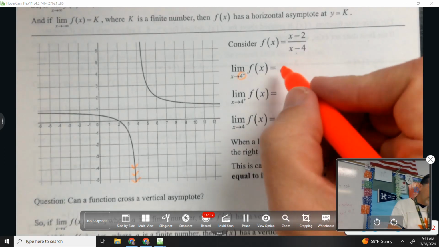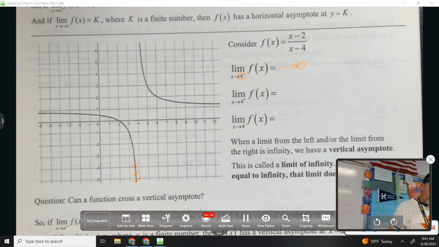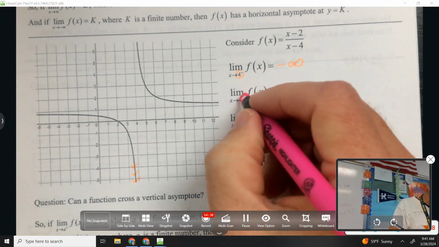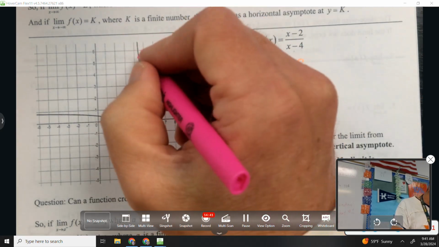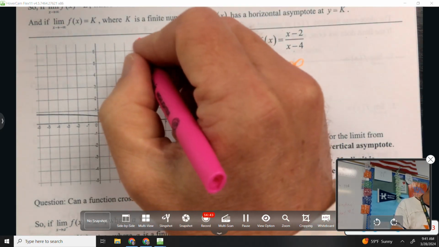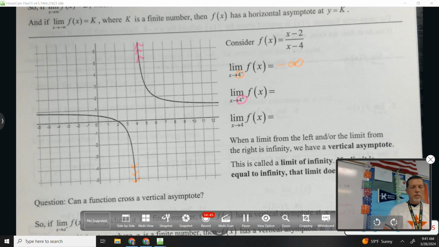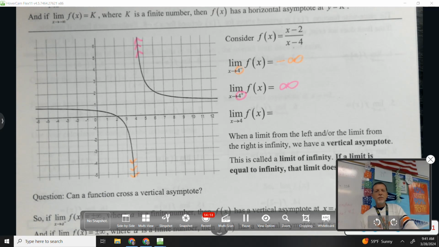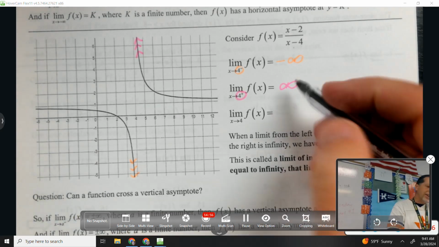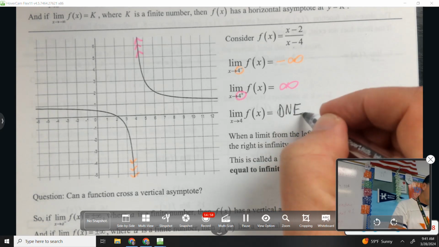Negative infinity. And then 4 from the right, so we're a little bit more than 4, so we're coming in from this side. Positive infinity. What do you think the limit is as x approaches 4? Definitely does not exist.